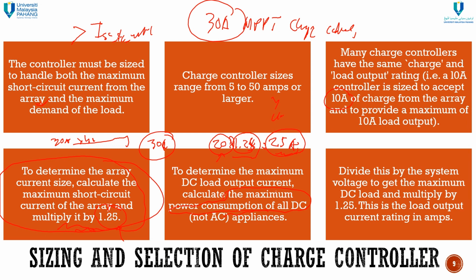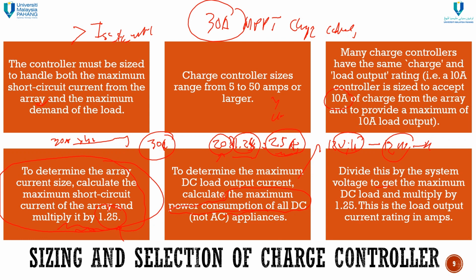So we get the power consumption, for example, we have a 12 volt system and how many amps then? Or sometimes it is already written, for example 12 watt of the DC bulb. Okay, say that 12 watt. We have the rated power, and then after we get the power, we divide by the voltage, 12 volt, then we get the current.